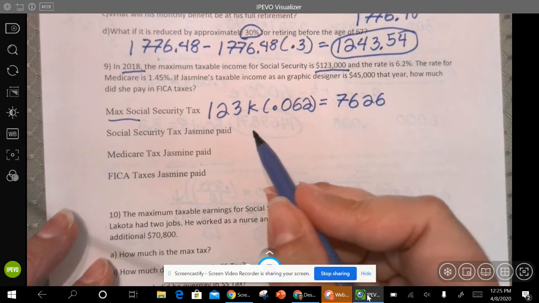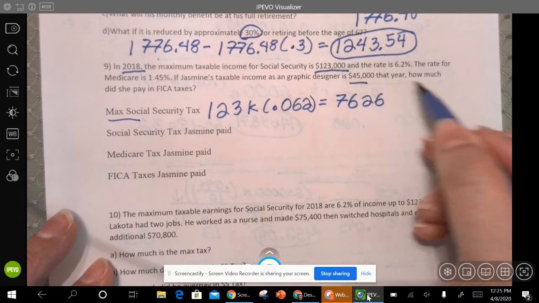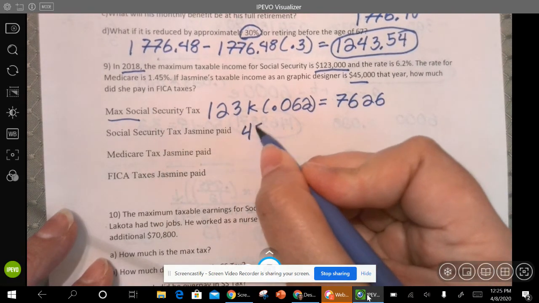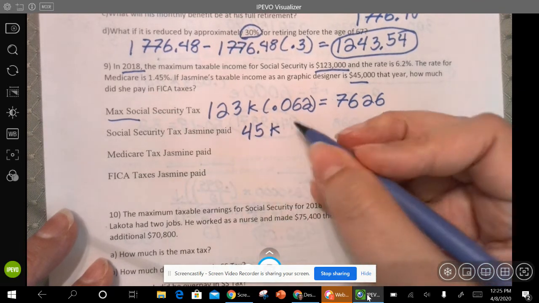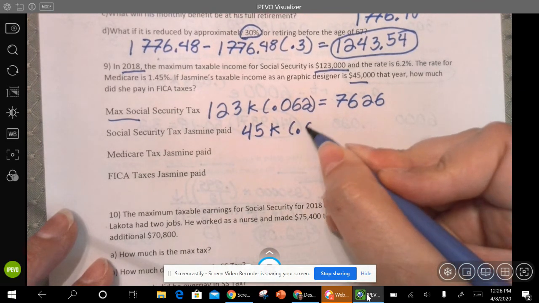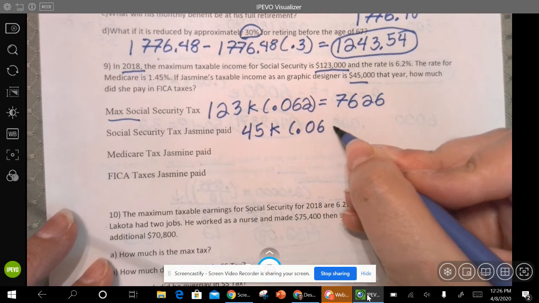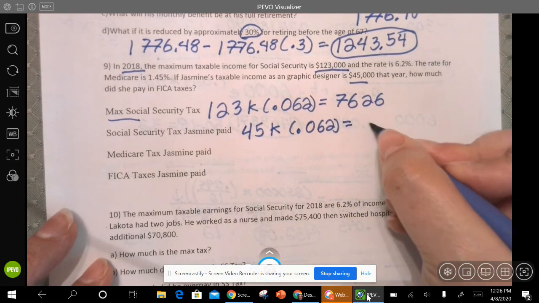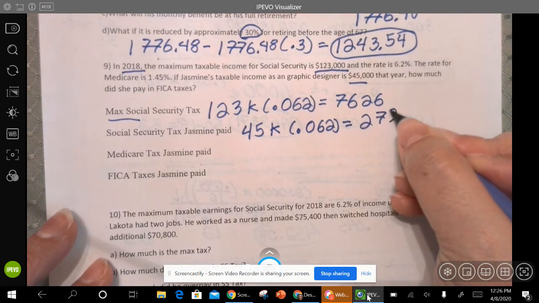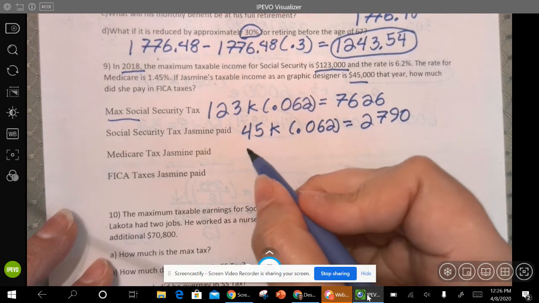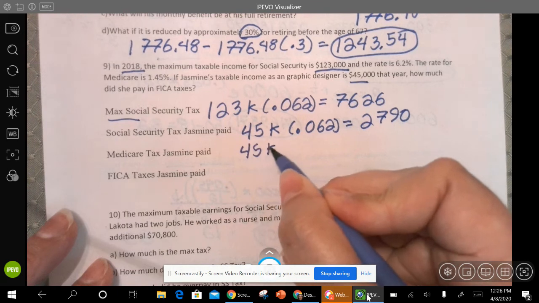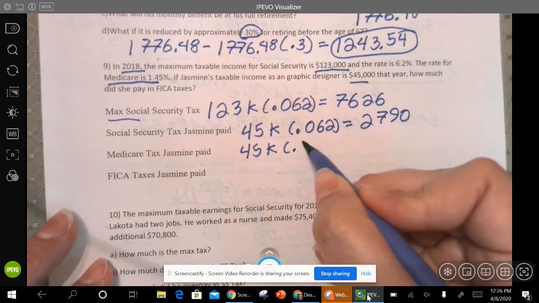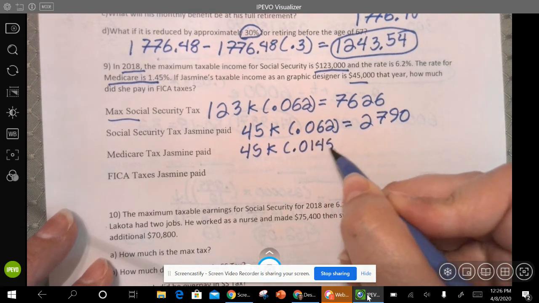Okay, so Jasmine had 2 different jobs. Well, just one job, so 45,000 times 0.062. Okay, so $2,790. Okay, and then the 45,000 times our Medicare rate, 0.0145.